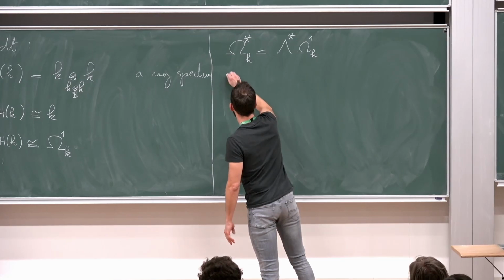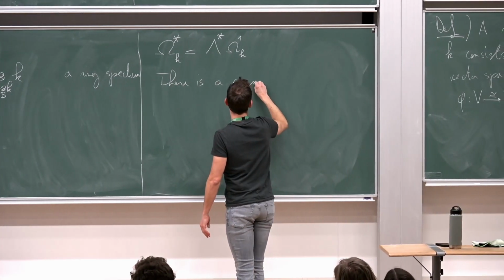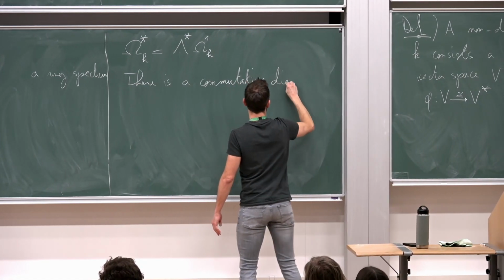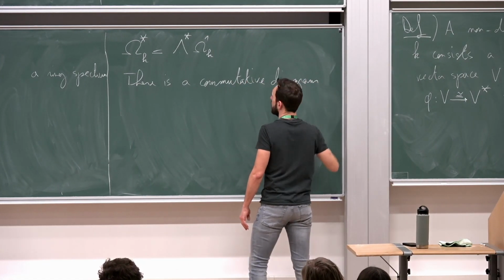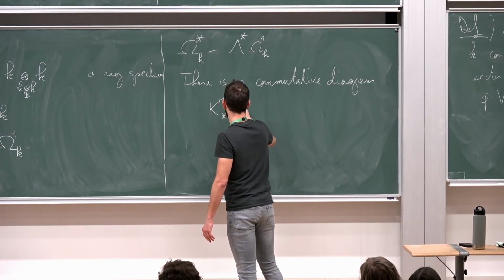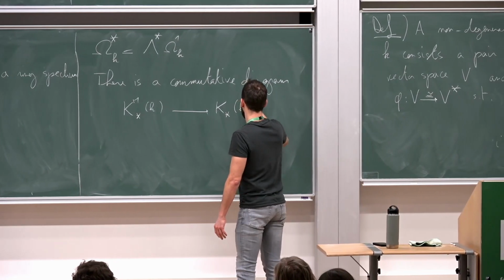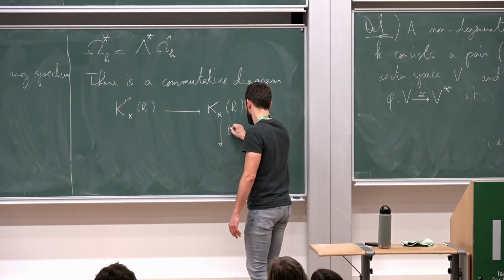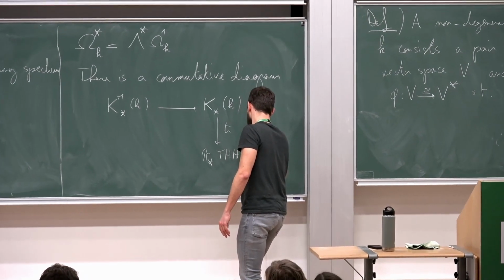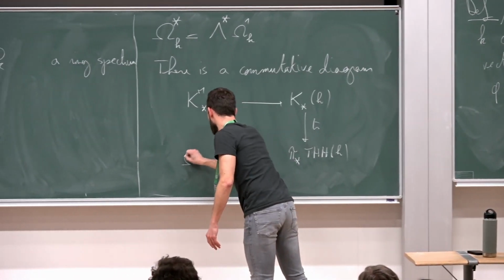Well, there is a diagram. Before, we had Milnor K-theory of K mapping to the algebraic K-groups. And there is this famous trace map to the homotopy groups of THH. But this has an analog over here: you put the de Rham complex.